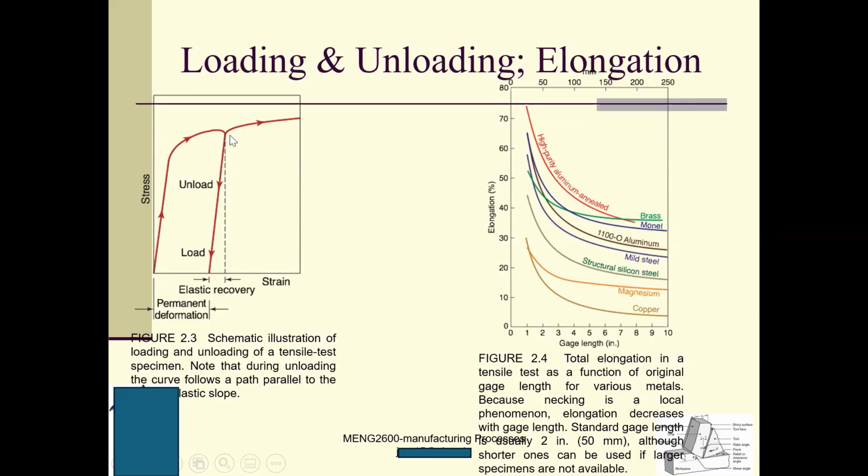Why do we have a new yield strength? Because from here to here is plastic deformation, and this plastic deformation results in the higher yield strength. You understand, guys? This is called strain hardening or work hardening.